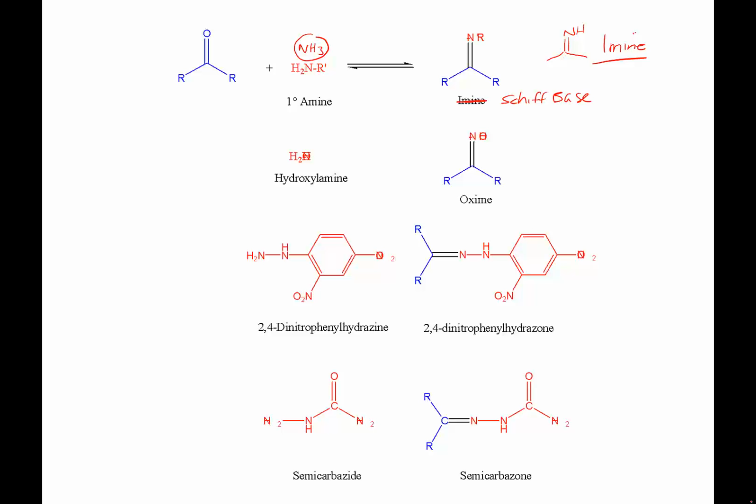If the orange color disappeared immediately, it was a double or triple bond. And then if you needed to know if it was internal or terminal, you could do things like ozonolysis. So we do all these different chemical tests to determine what the functional group of the molecule was.